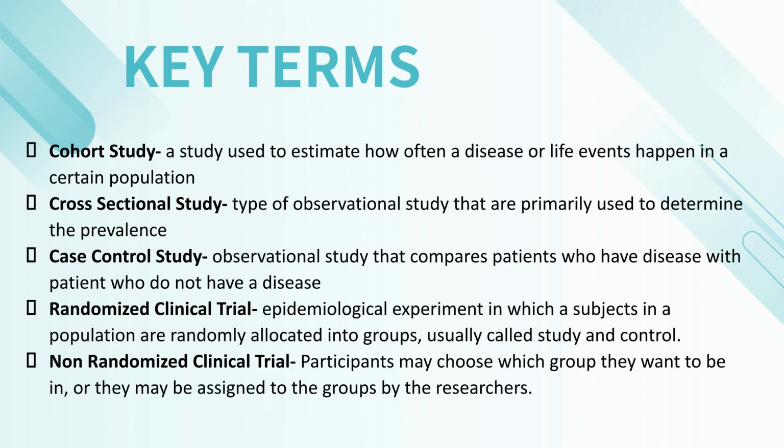Cohort study. A cohort study observes a population over time to estimate disease or life event frequency. An example of this is smoking, which in time may lead to lung cancer risk. A cross-sectional study measures prevalence at a single time point, which prevalence refers to the total number or proportion of individuals in a population who have a particular disease or condition at a specific time or over a specified period, meaning the study of how common the disease is.